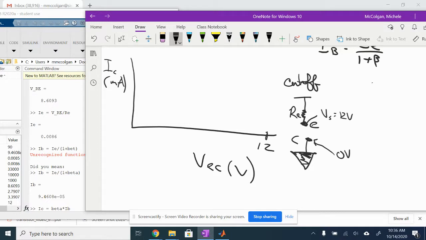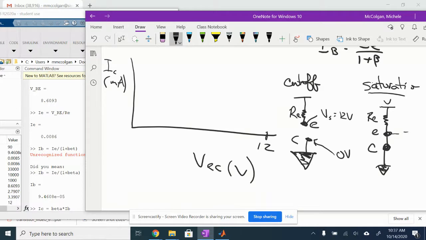And then if I want to figure out my maximum collector current, I'm going to have my V and then my RE. This is the emitter, and there's a wire now, that wire is connected to ground. So if I were to take a probe and measure the voltage at E, I would get 0.